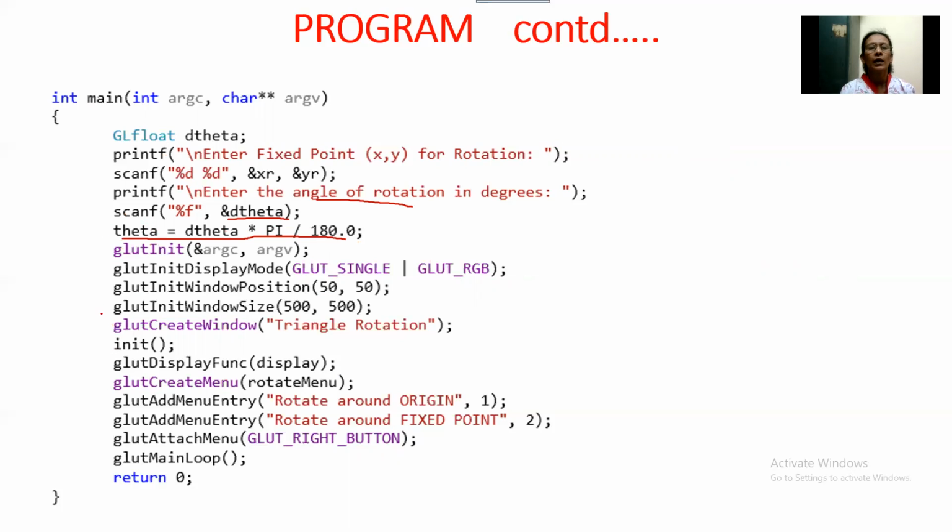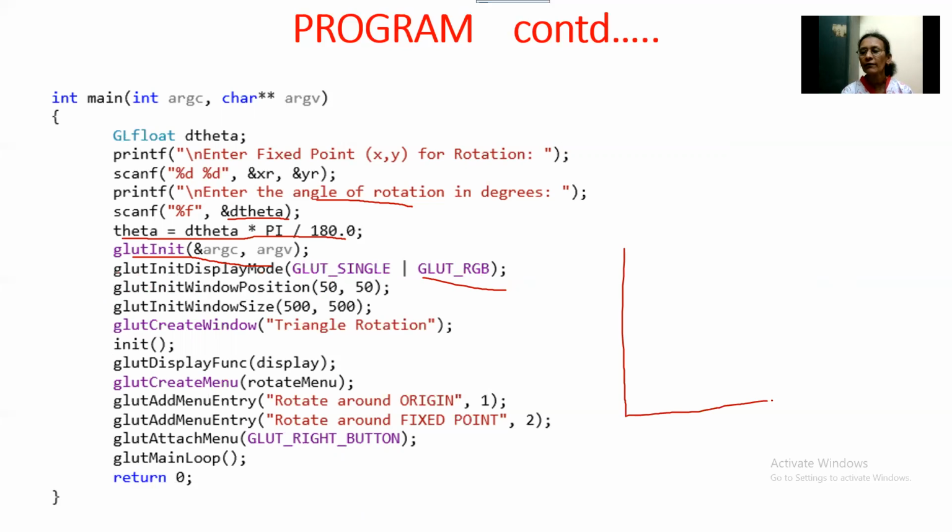Okay. glutInit. This is to initialize our OpenGL system. Next, we have glutInitDisplayMode, GLUT_SINGLE. We are using a single buffer and RGB color mode. Now the glutInitWindowPosition 50, 50.